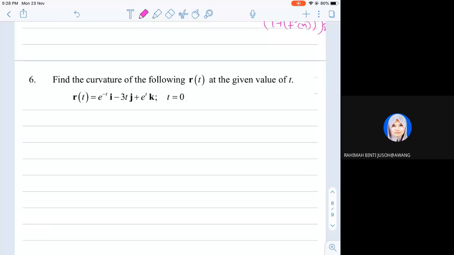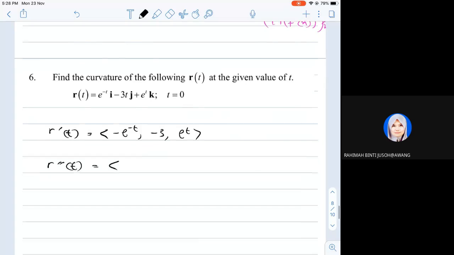So now we need to find r prime t. We have exponent negative t, differentiate negative exponent negative t, and then negative 3t, differentiate we get negative 3, and then exponent t as well. After that we need to find r double prime t.